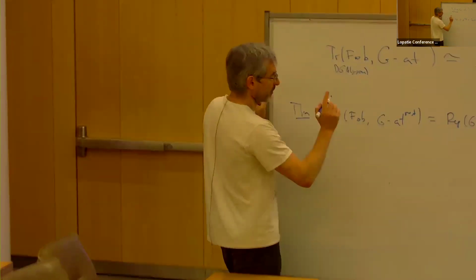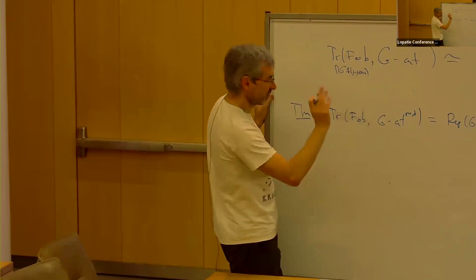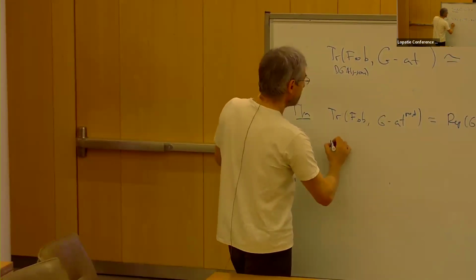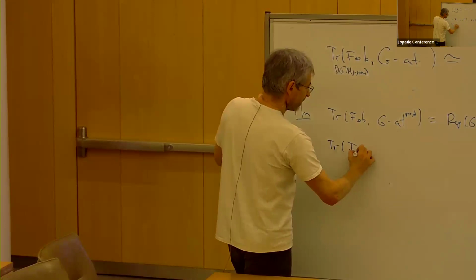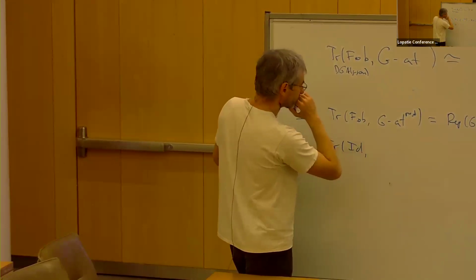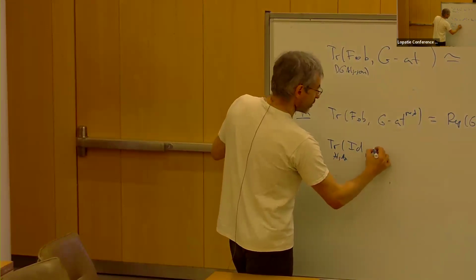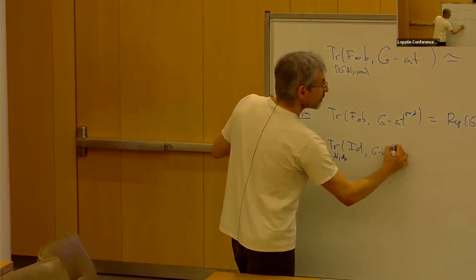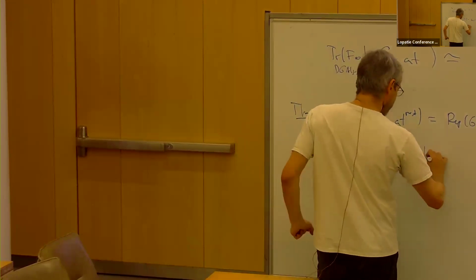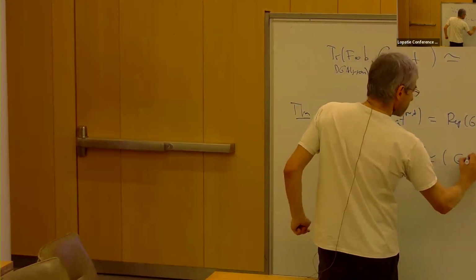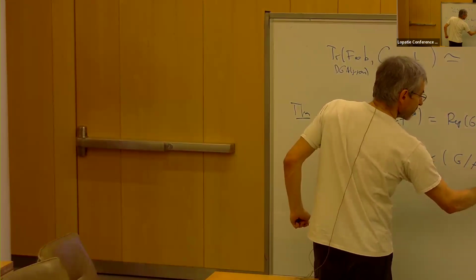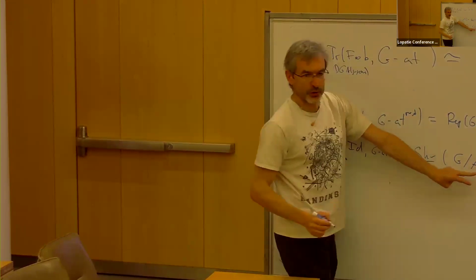Let me make a brief digression. Instead of Frobenius, I take the identity. Similarly, if you take the trace of the identity in the sense of DG-cat algebra on G-cat, what you'll see is sheaves, underlined, on G mod the adjoint quotient.